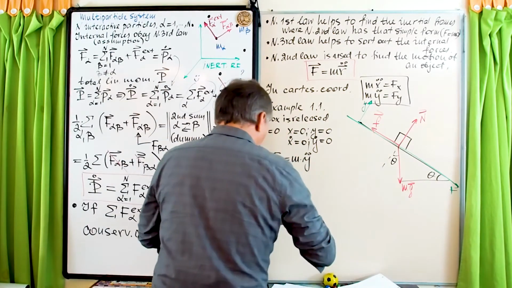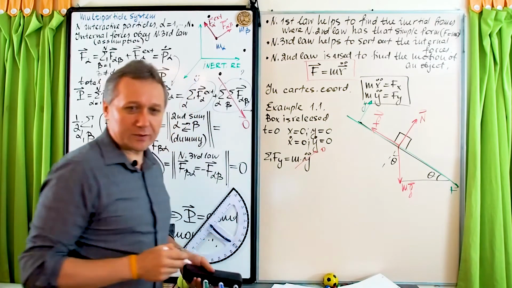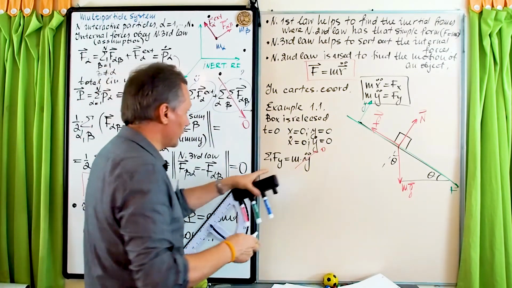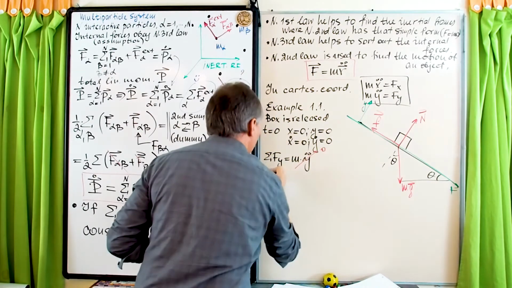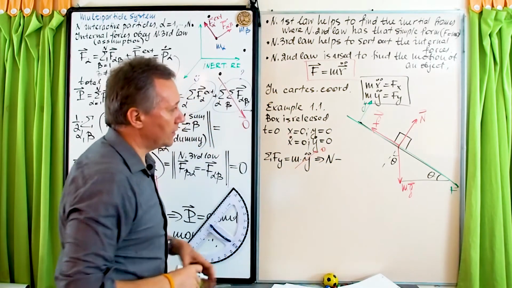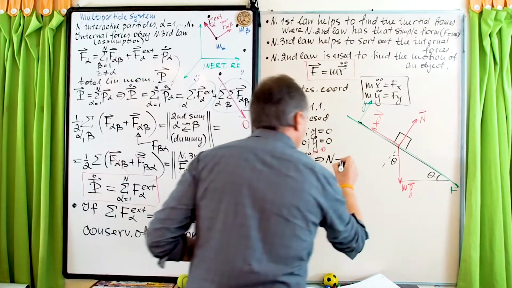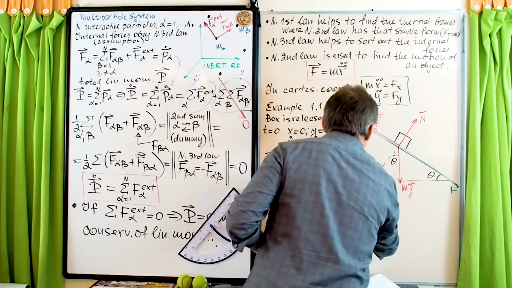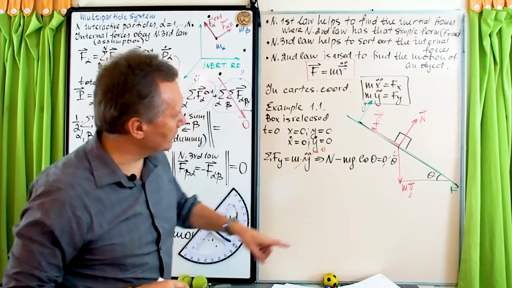The net force: N in the positive direction, and in the negative direction the component of gravity, mg cosine theta, and it must be equal to 0. Okay, I don't like overlapping with this picture.